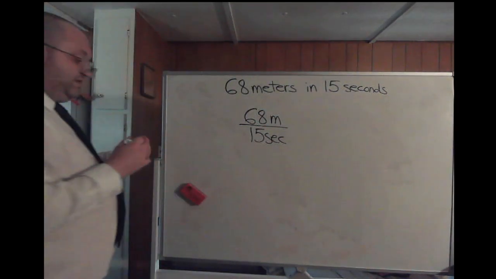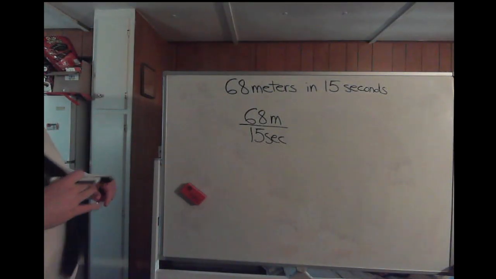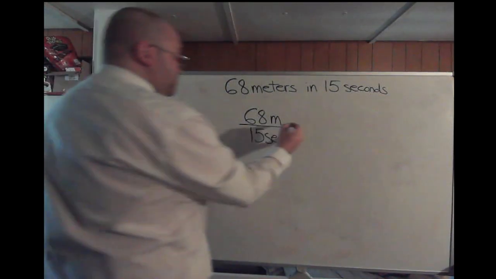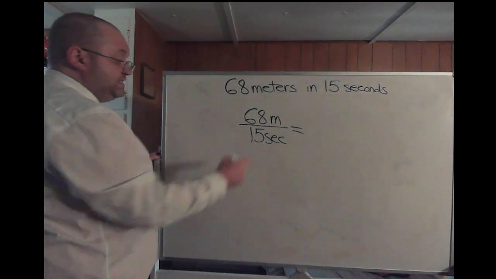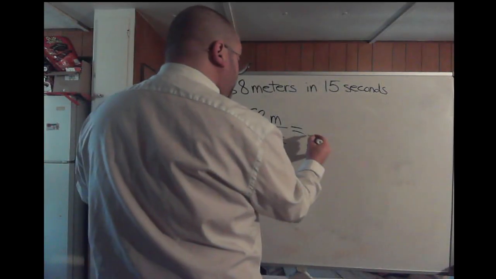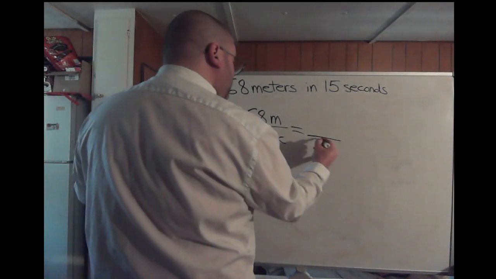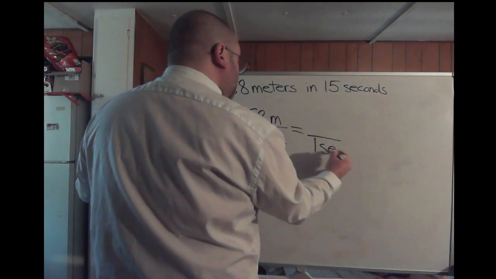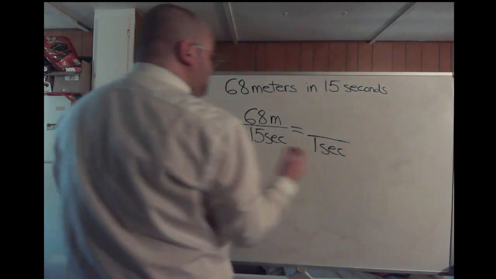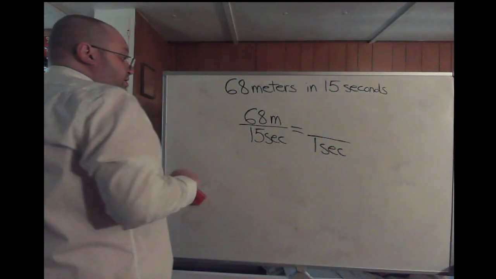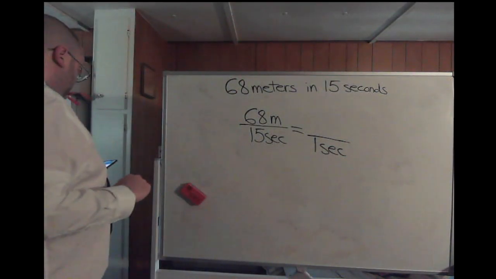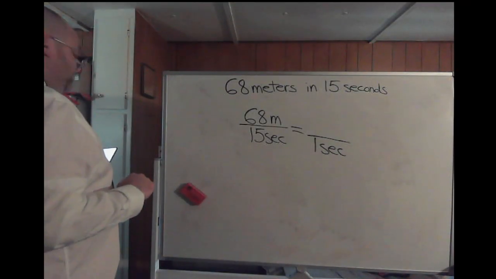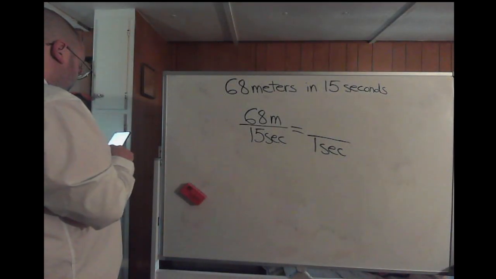Ideally, the goal would be to find how far it goes in 1 second. So in order to figure that out, divide the denominator of 15 seconds by 15, you'll get your 1 second. But since you did that to the denominator, you got to do it to the numerator. So we got to find 68 divided by 15, which is probably not going to be a pretty number.